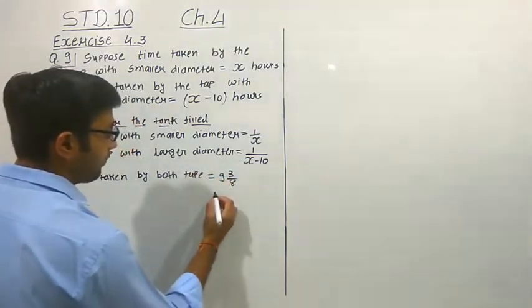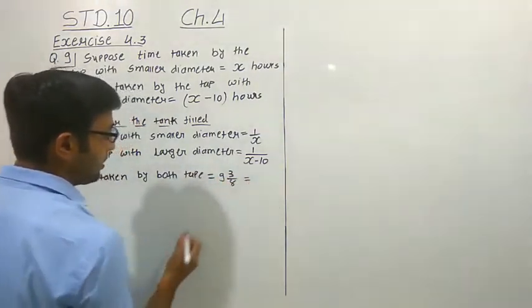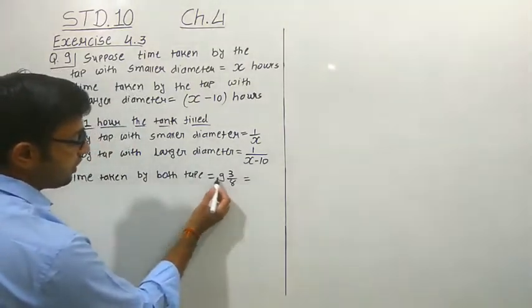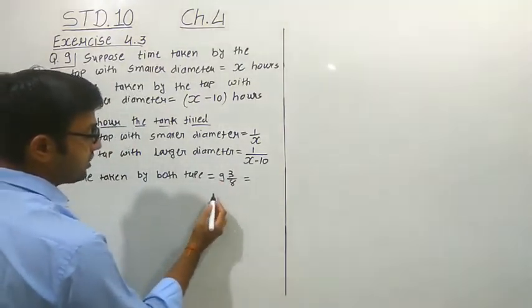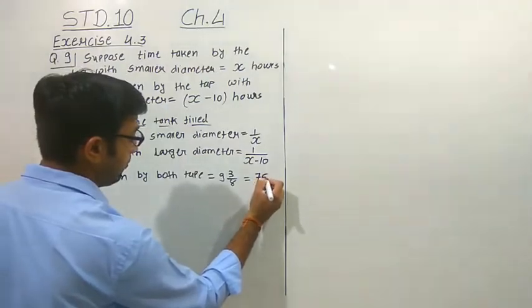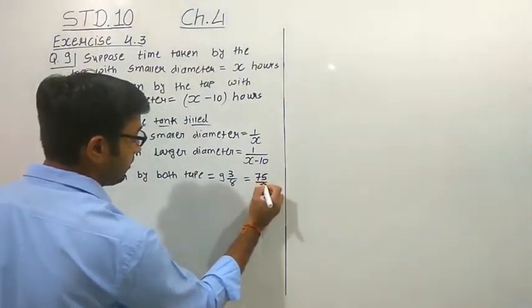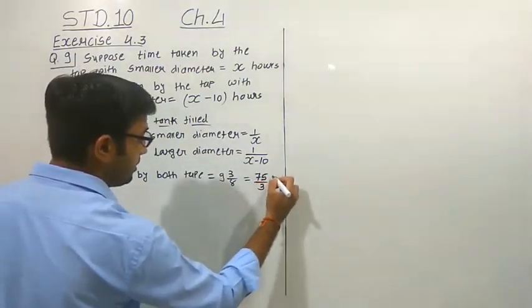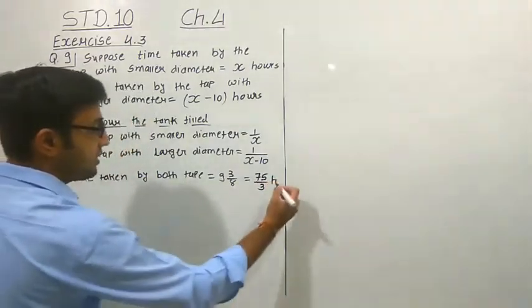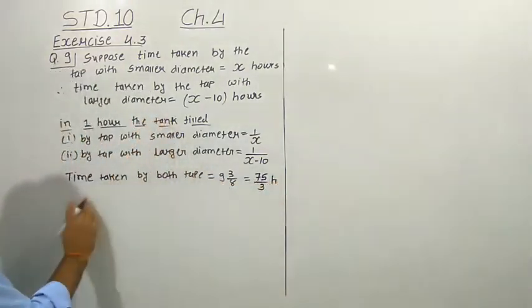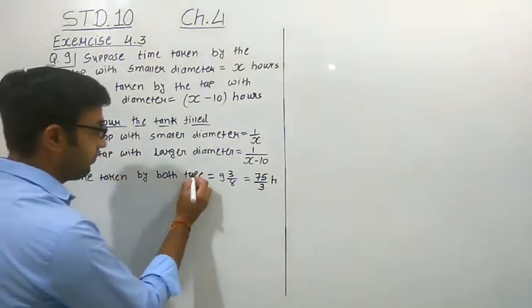This is a mixed number. We can convert it into the fraction number. We get 9 8s are 72 plus 3, 75 upon 8. So this much of the hours is taken by both the taps to fill the tank.